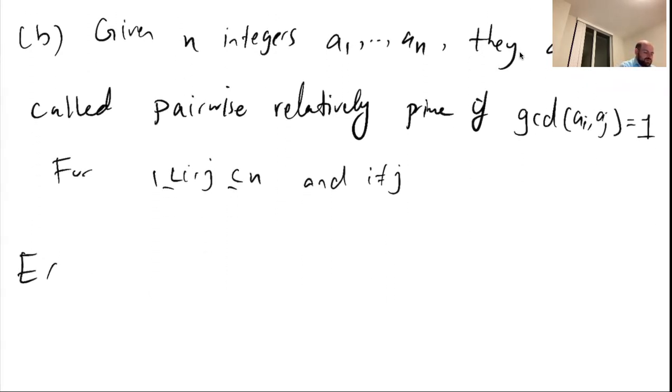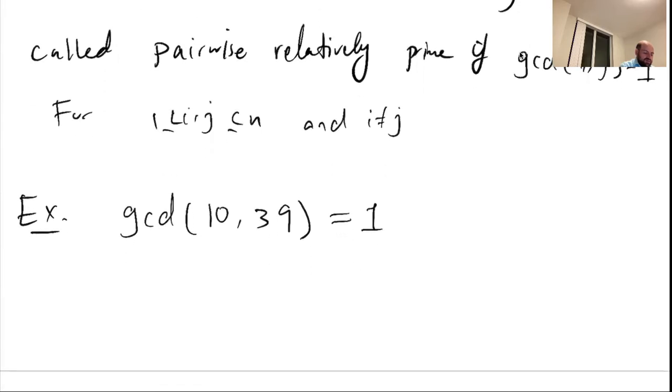So let's look at an example, say the GCD of 10 and 39 is 1. Why? Because 10 is 2 times 5, and 39 is 13 times 3.